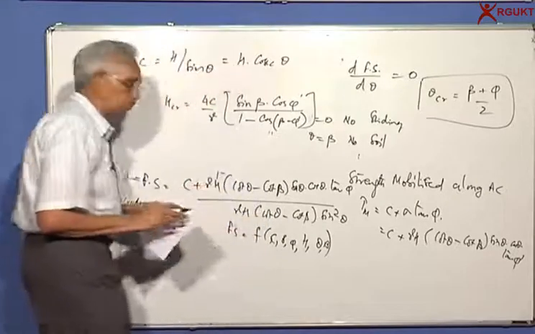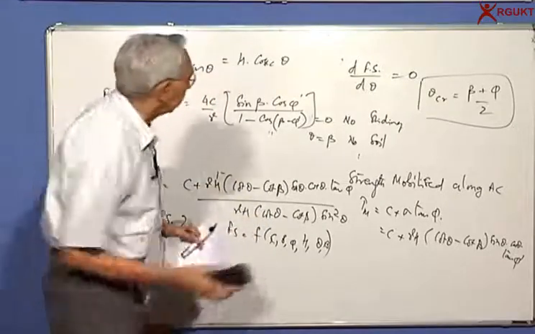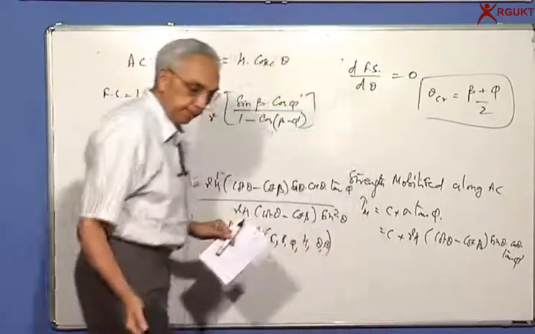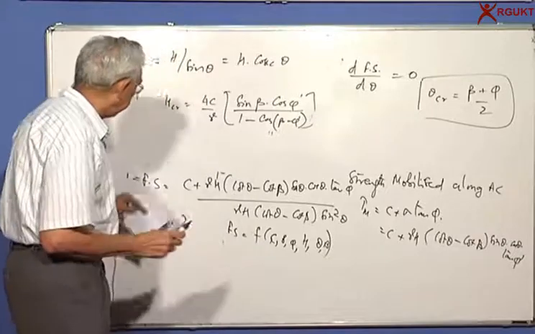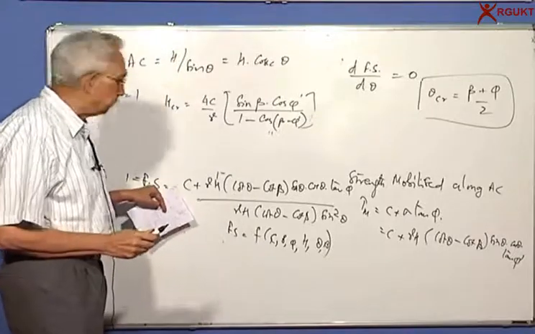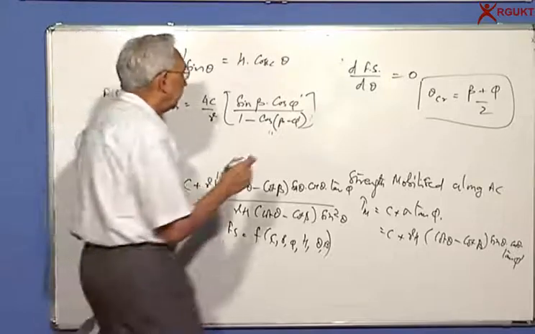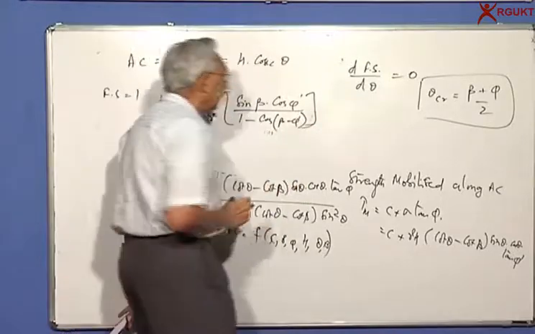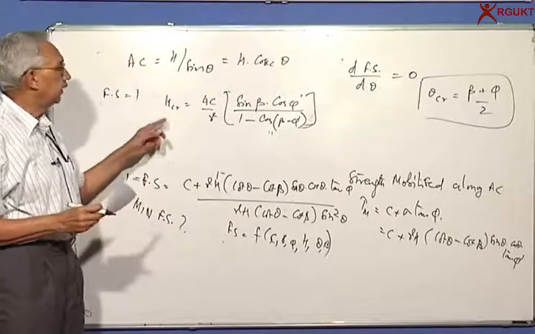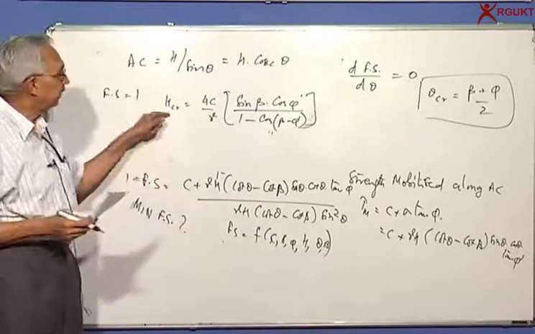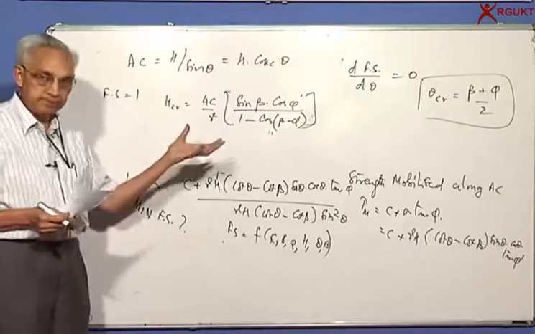We get a very simple expression for the critical height. What I'm saying is, we solve this equation for the minimum, with the factor of safety equal to 1, and in that case we get this expression. And you can see here the critical height is the maximum. If I increase the height more than this, it's going to fail.